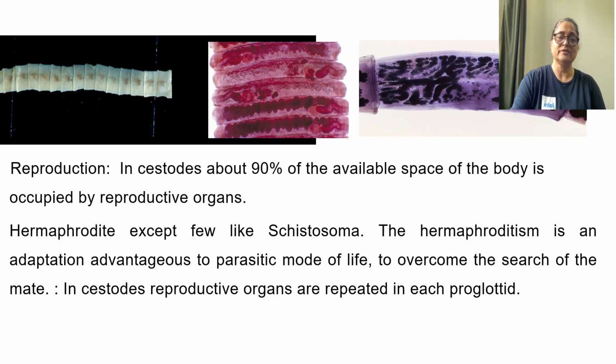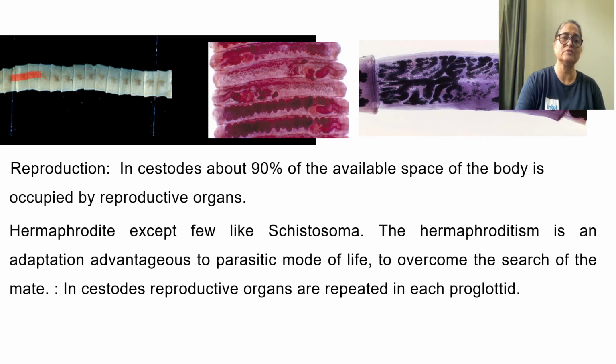Another adaptation is reproduction, which is in a very advanced form and very well developed. In the case of cestodes, 90% of the available space of the body is occupied by the reproductive organs. Here you can see in image number 1, these minute spots.